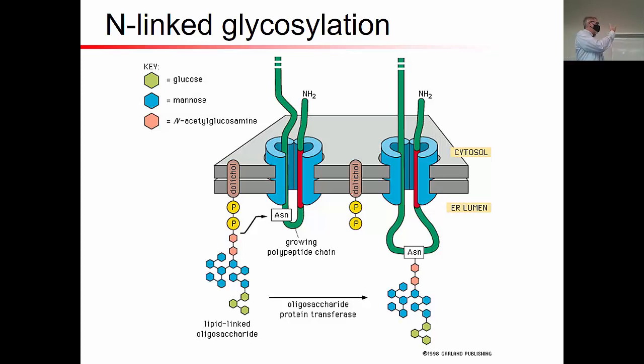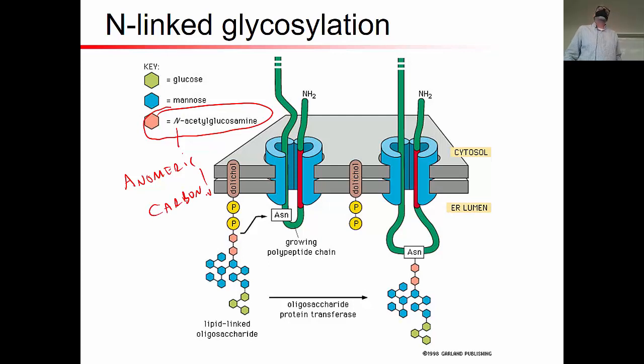We can see that that asparagine then becomes N-linked to this, which is N-acetylglucosamine. And it's going to be linked through, remember, the anomeric carbon of this, because we always link through the anomeric carbon. So the asparagine links through the anomeric carbon of the N-acetylglucosamine, and it has this whole group of sugars attached to it.